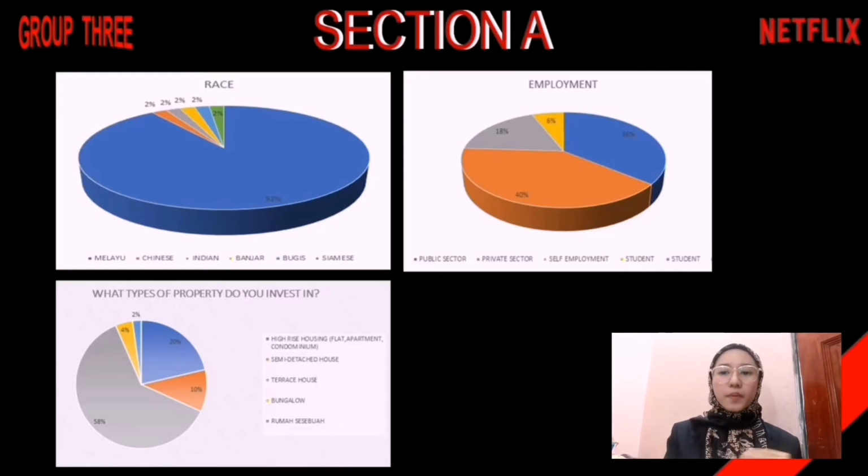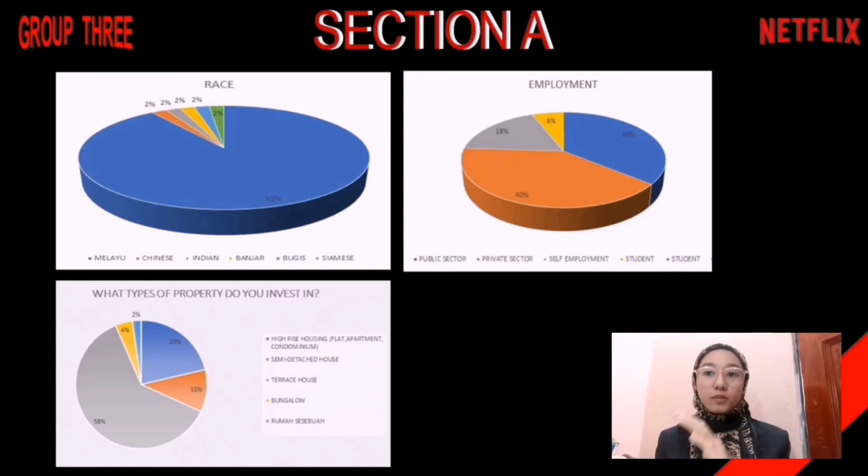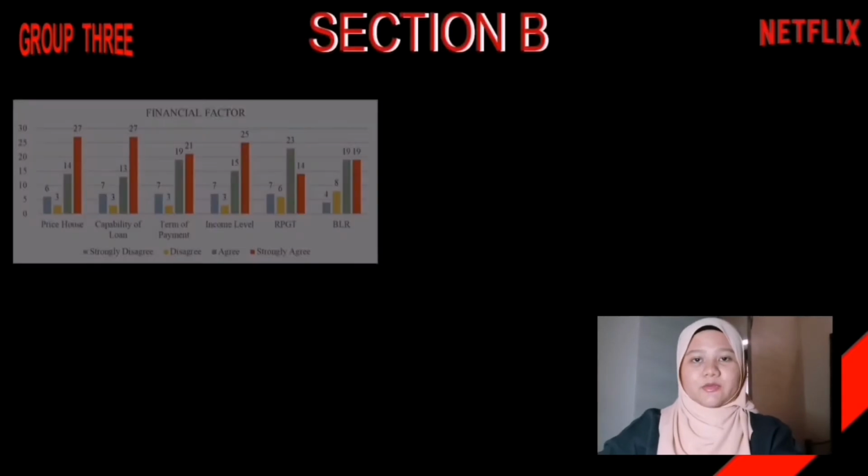The majority are terrace houses and high-rise housing such as flats, apartments, and condominiums. And lastly, the employment. The majority of our respondents work in private sectors and public sectors. Thank you.